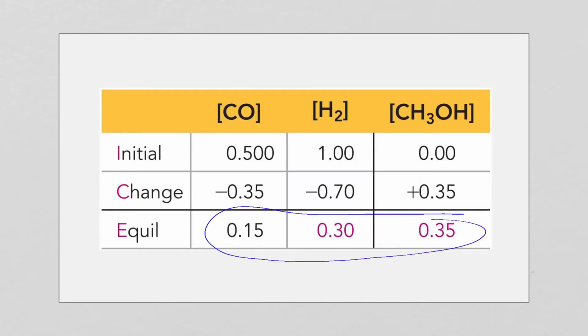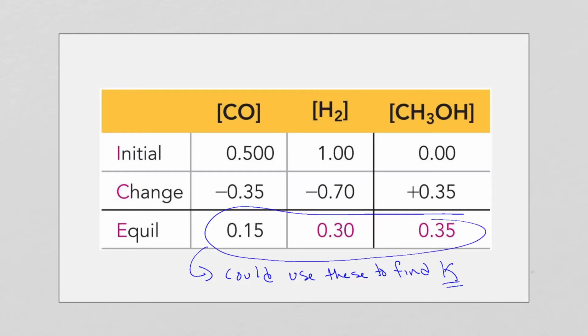So pretty straightforward here. Now, at this point, we could use these to find K. I'm not going to worry about that here, but this is something that we'll be doing a lot of as we go through it.